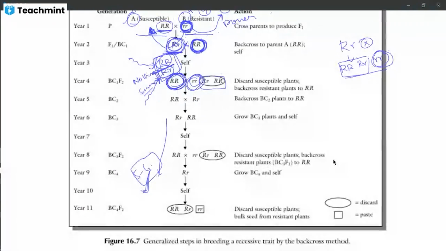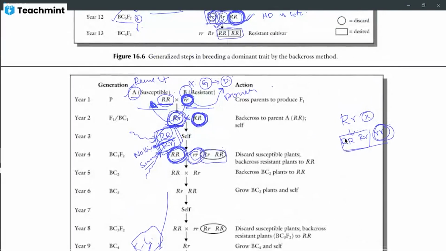So these are the breeding procedures. These all breeding procedures involve which technique? Hybridization. Yes, they all involve the procedure of hybridization.